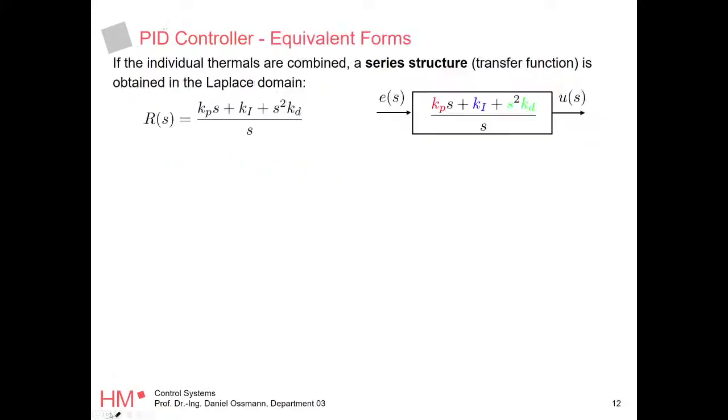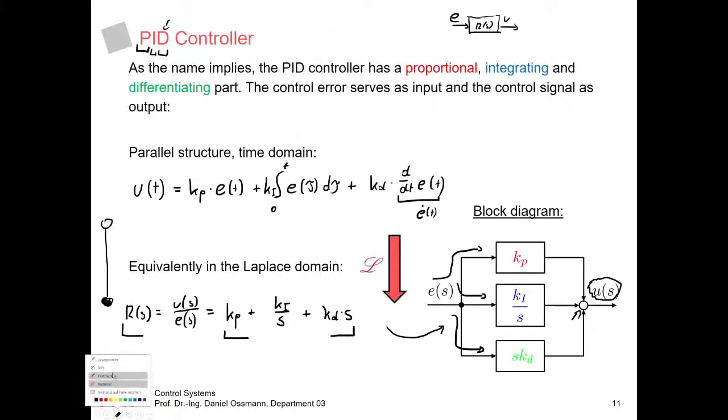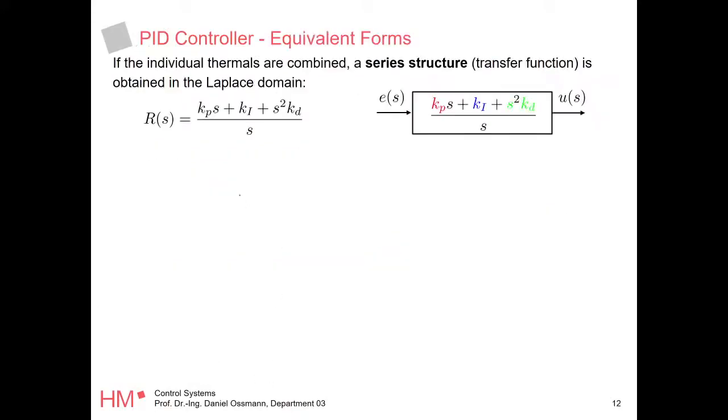So how would you do this? Compute a single transfer function R of S, meaning that we have a single numerator and a single denominator. Simply bring it onto the same denominator. This is what's going to happen on the next slide.